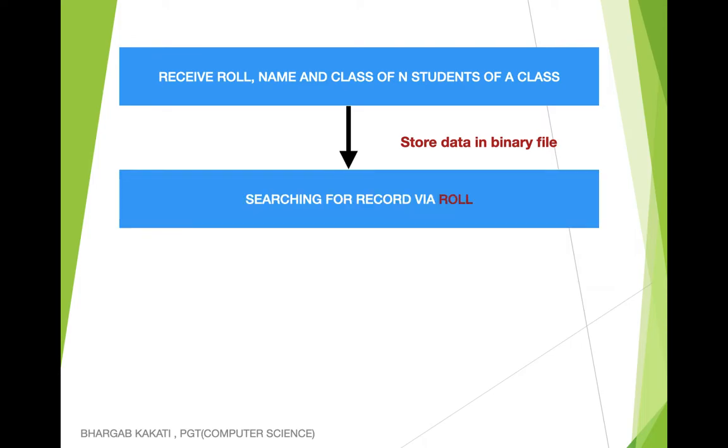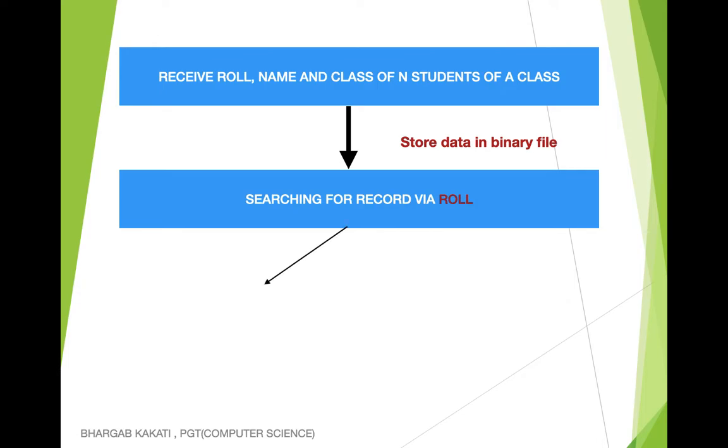After doing that, the next step would be to search for a particular record via roll number. In the previous steps, data of n students will be stored. After that, we will have to choose a particular record which we want to update, and that searching will be done with the help of roll number.